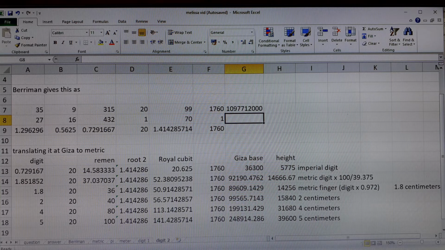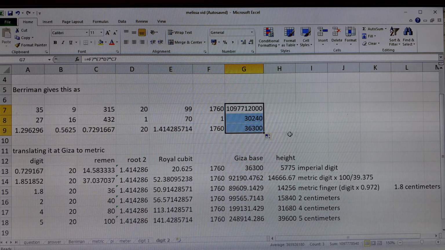Quite a large number. And then we drag that down, and we can get the full analysis in as fractions. So we've got 109,7712,000 divided by 3024,0 to give 363.